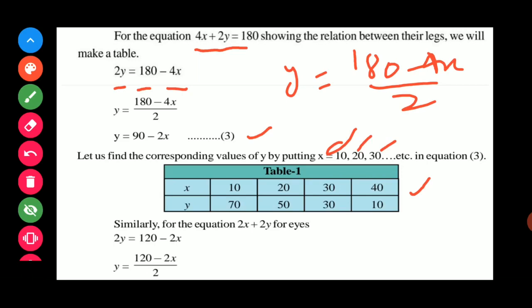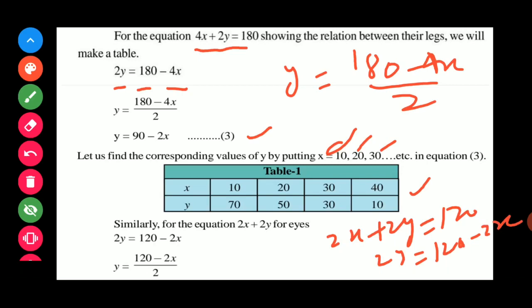Similarly for the second equation, 2x plus 2y is equal to 120. So you can find the value of y. So 2y is equal to 120 minus 2x, and y is equal to 120 minus 2x upon 2.